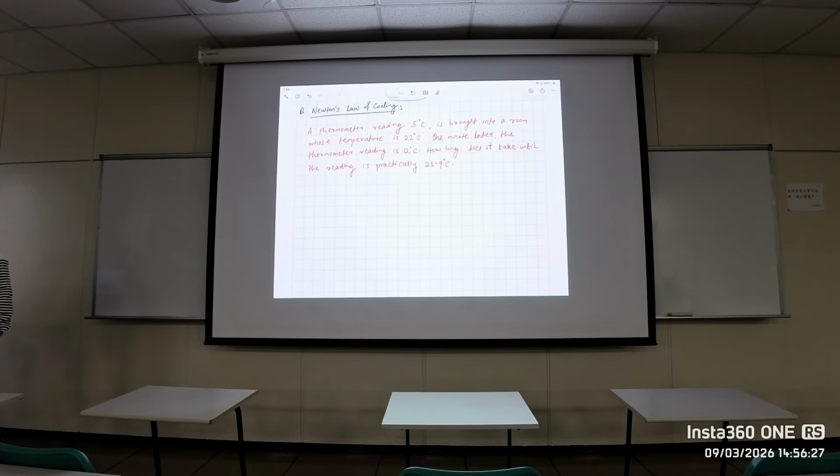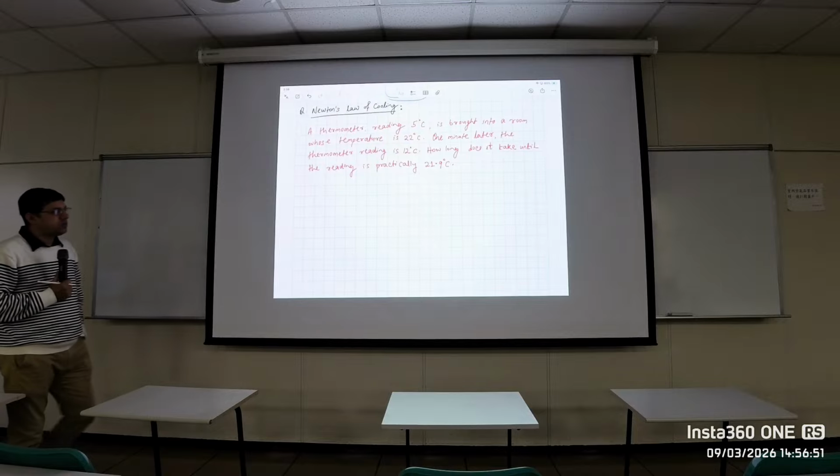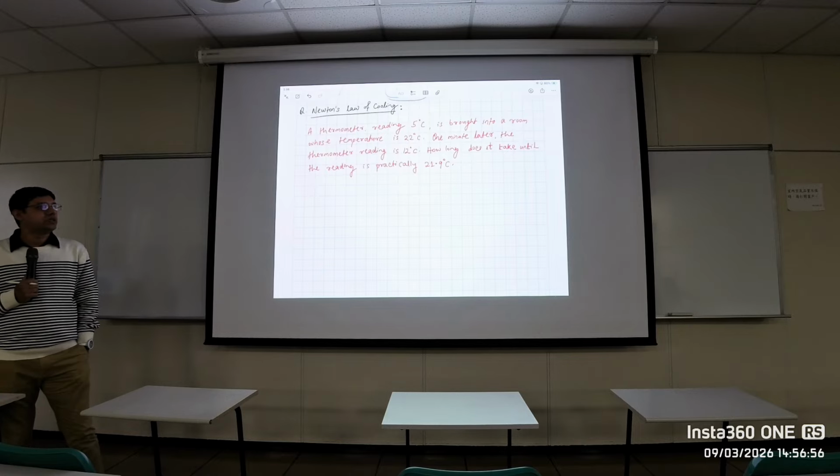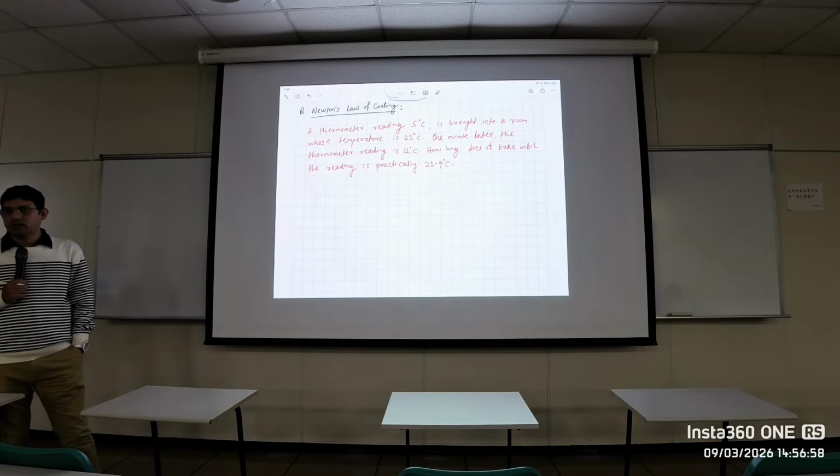All of you can understand what is a thermometer, but not the one we click in the electronic nowadays. The real traditional thermometer that we put in the mouth or ear to measure temperature when we have fever. So what is saying that normally initially the thermometer reading is 5 degree.